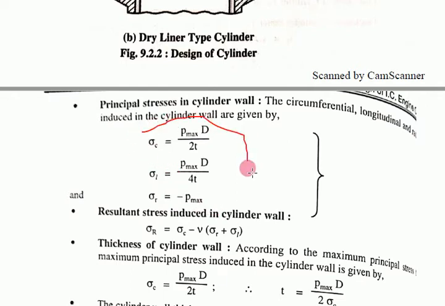You have seen and derived these equations in pressure vessel design, in the subject Design of Machine Elements, right? In this IC engine topic you have to remember all of these, or you can check in a design data book whether these equations are available or not.